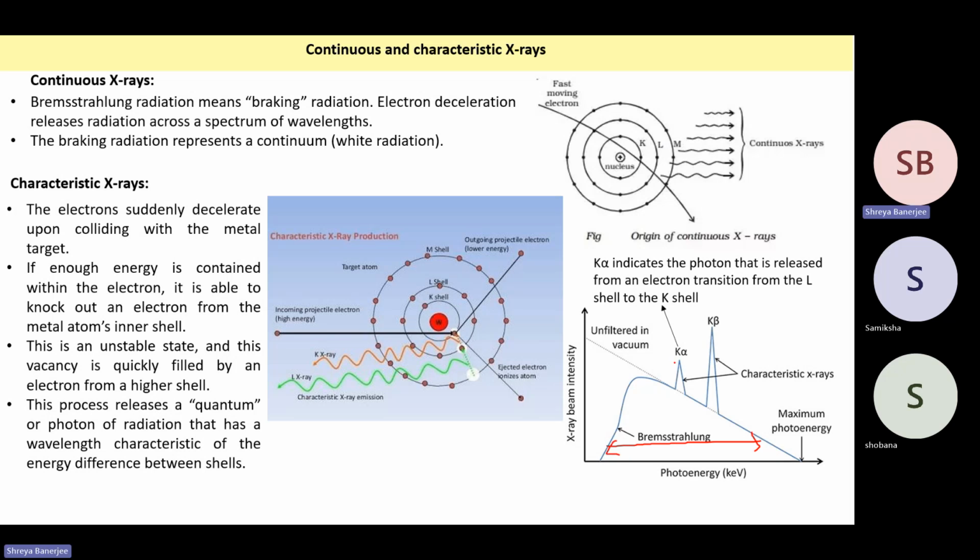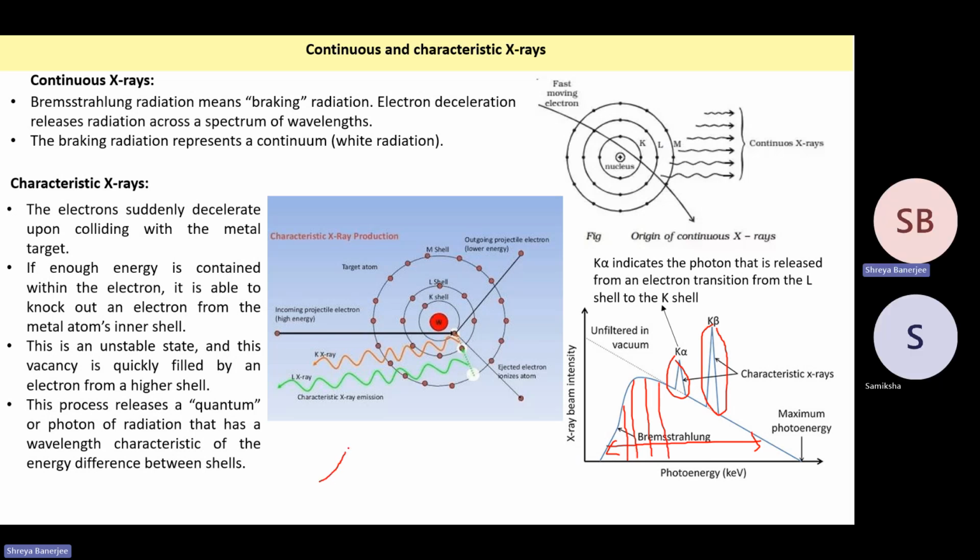If you leave out this peak and this peak, which are characteristic X-rays, everything else is continuous X-ray because there is a large range of possible energies and wavelengths. So continuous means that you will get a broad graph like this, and characteristic means you will only have certain peaks like this. Here it is shown on the same graph, but that is the difference.